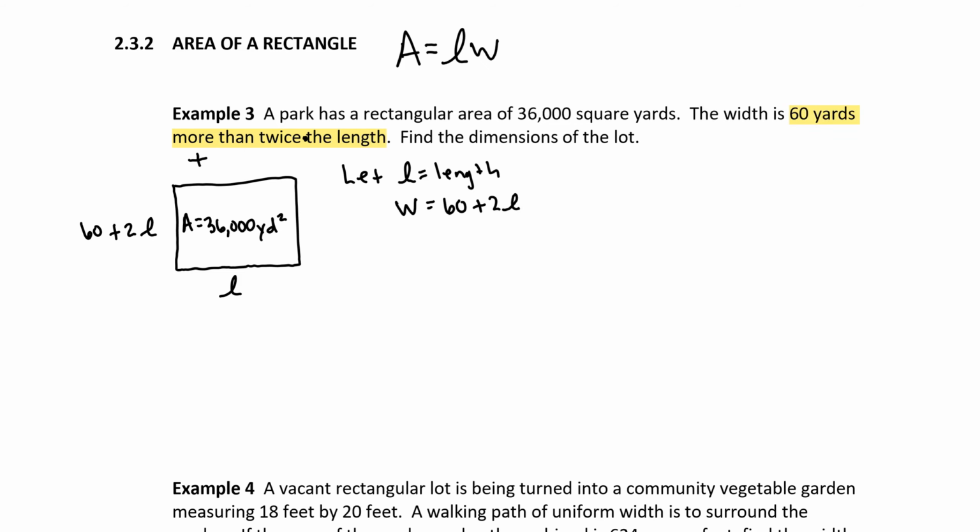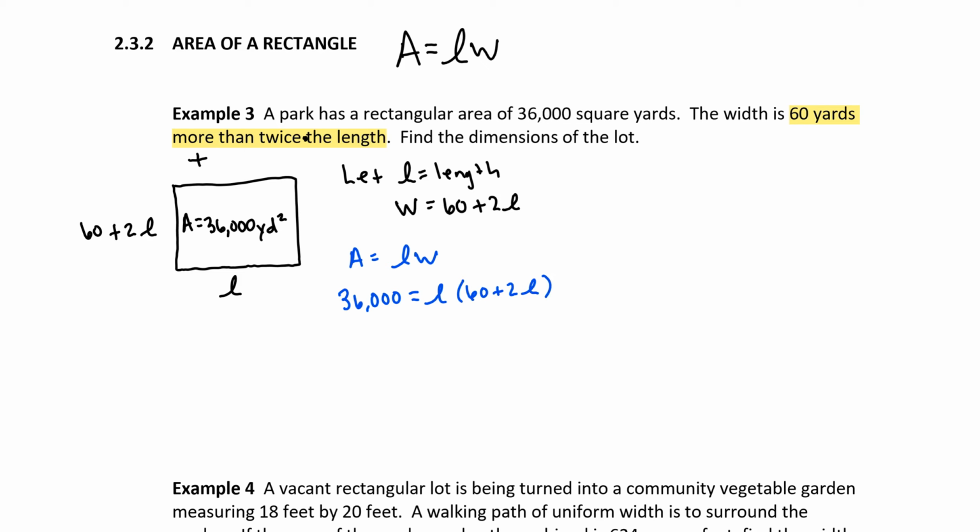We know that the area of a rectangle is length times width, so that's going to be my governing or motivating formula. The area of this rectangle is 36,000, so I'm going to go ahead and plug that in for the area. The length we're calling L, and the width we have written as 60 plus 2L. So over here on the right side, we have length times width, but the width is written in terms of the length.